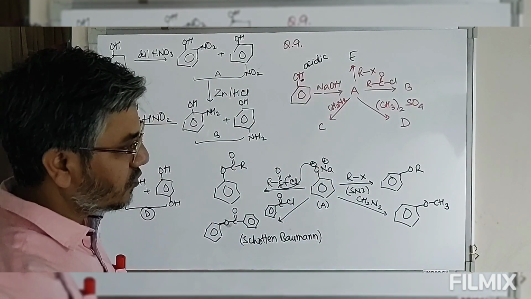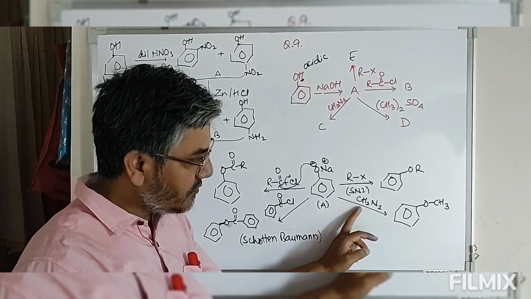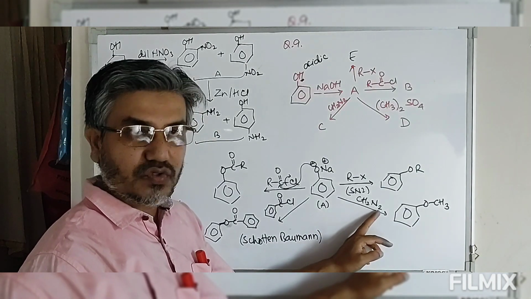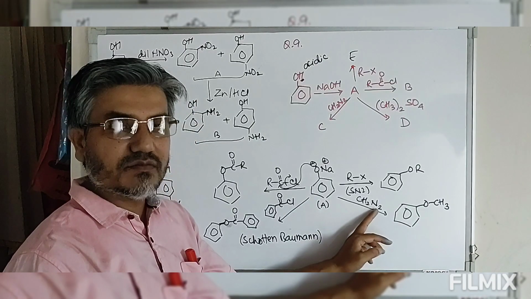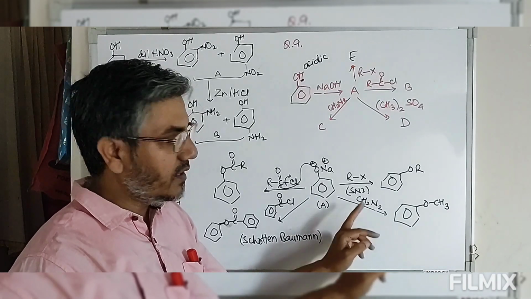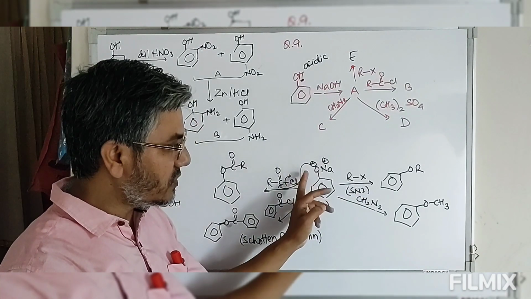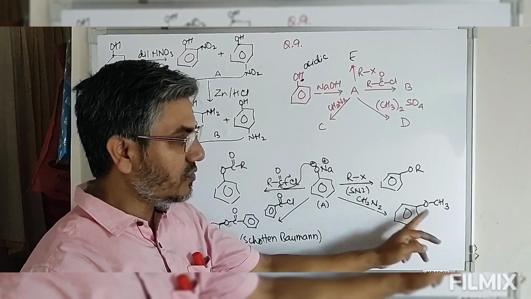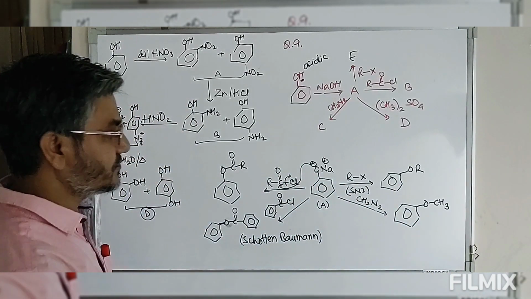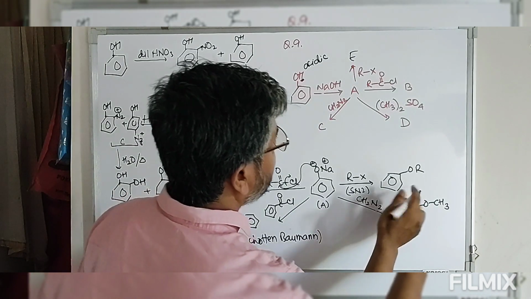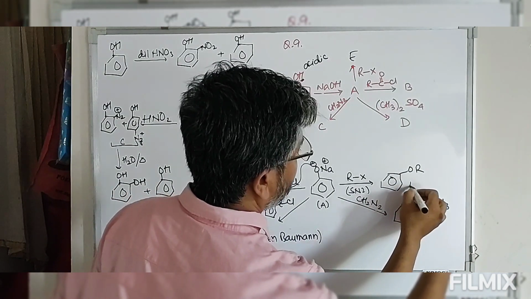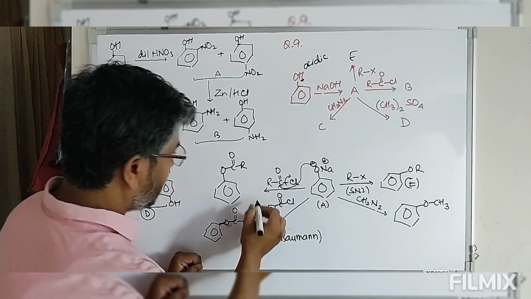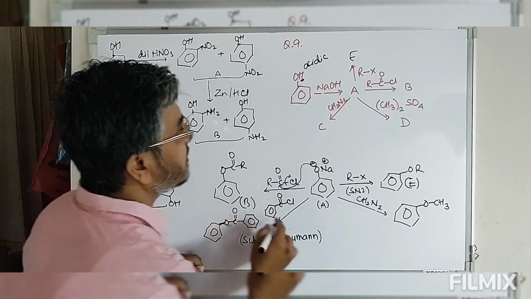So this generates methyl diazonium. Methyl diazonium generates methyl carbene. Methyl carbene undergoes an insertion reaction with this phenol to give you an ether. So this was our compound A. This is compound B.